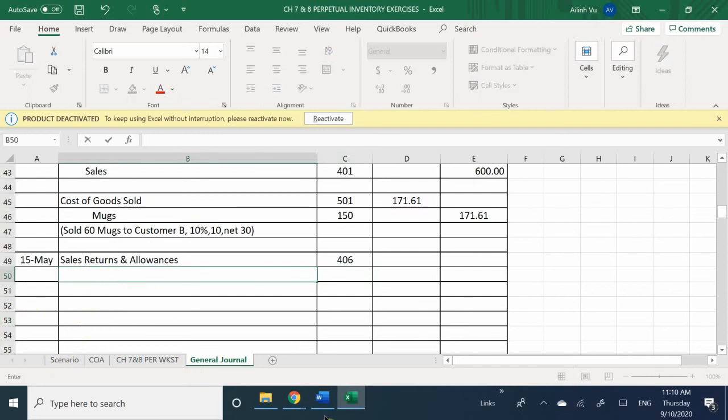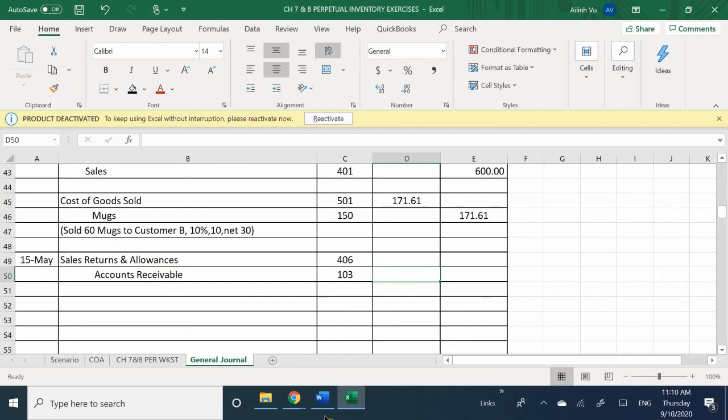Accounts receivable. Good, right? We're decreasing the amount he owes us. And accounts receivable is 103.